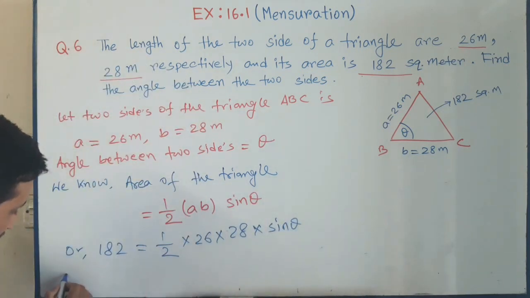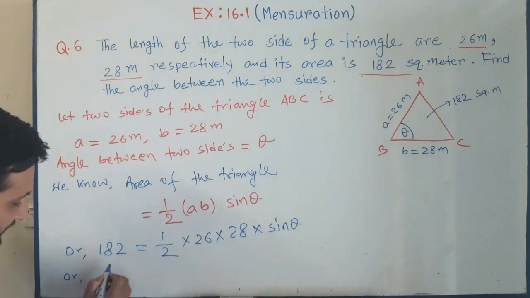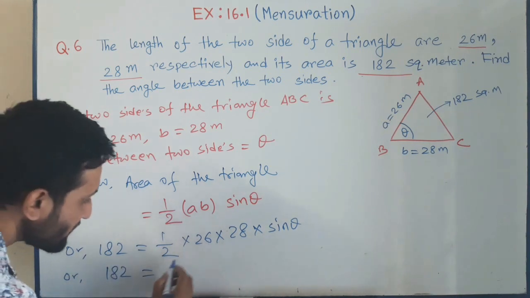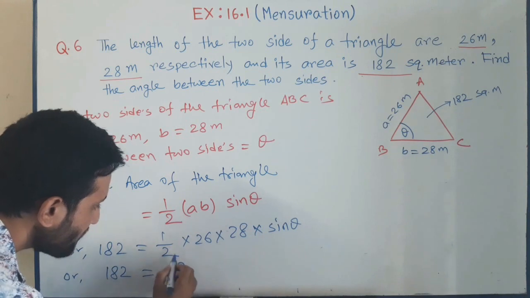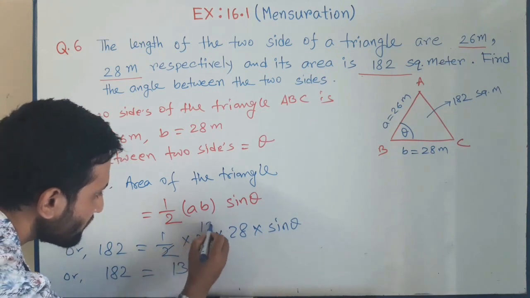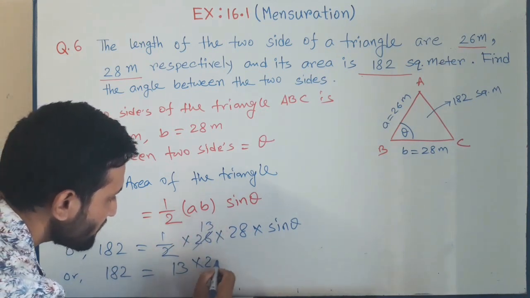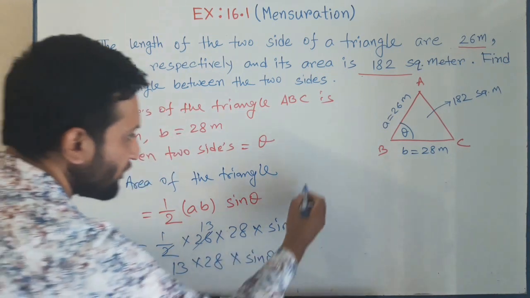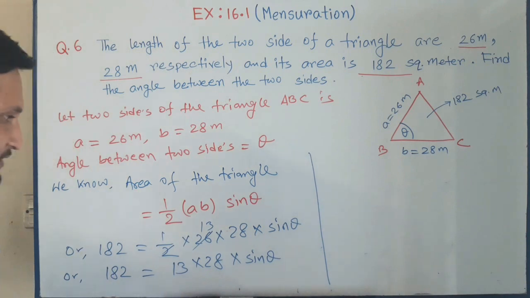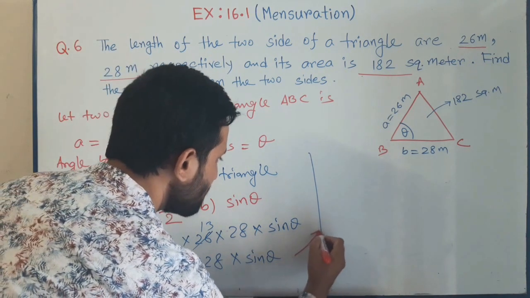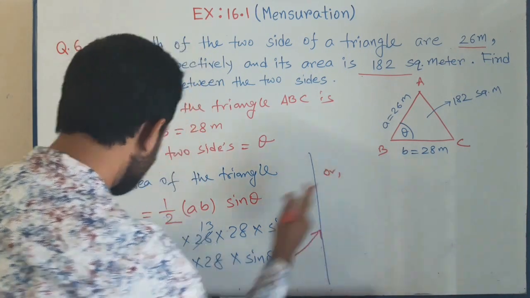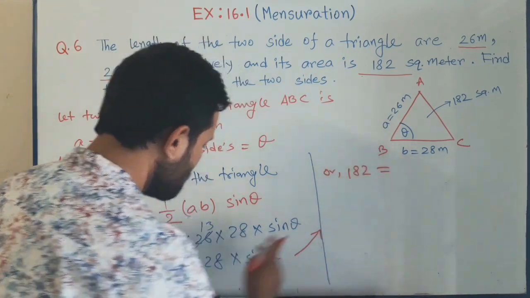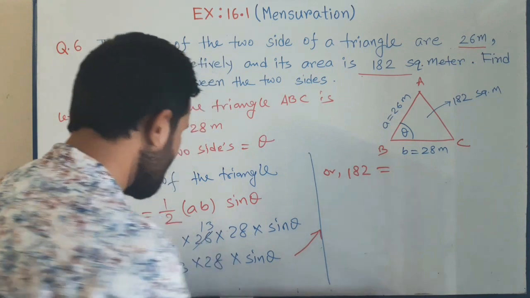Now by simple calculation, we can write 182 equal to half of 26, that means 13, into 28 into sin theta. So 182 equal to 13 into 28 sin theta.